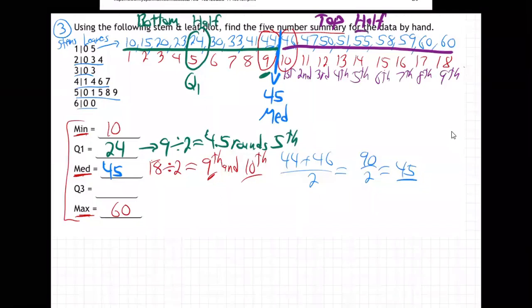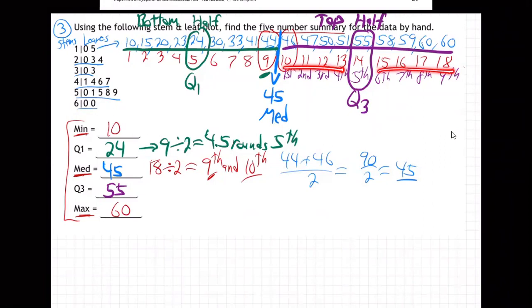Again, that's the 5th. It's right here, the 55. That is the Q3. Just like the 5th data value was the middle of the bottom half, the 5th in the top half is the middle of the top half. And you can see it's right because there's 4 numbers below it and 4 numbers above it.